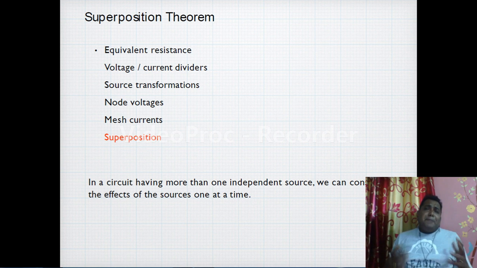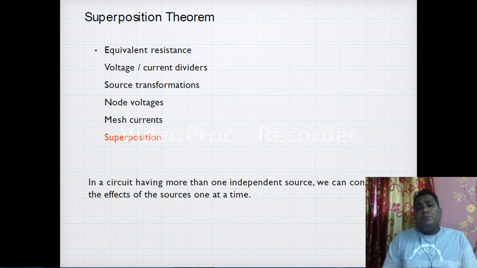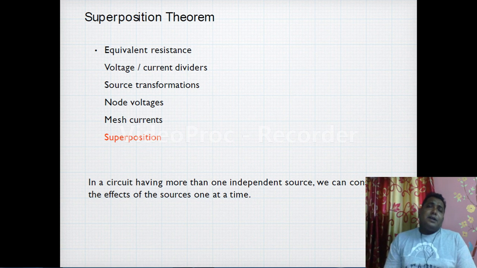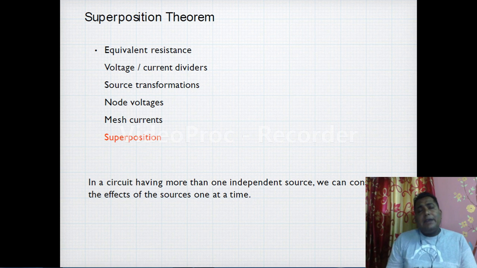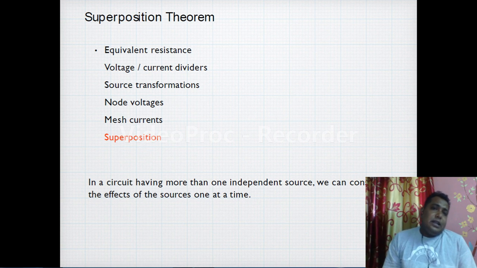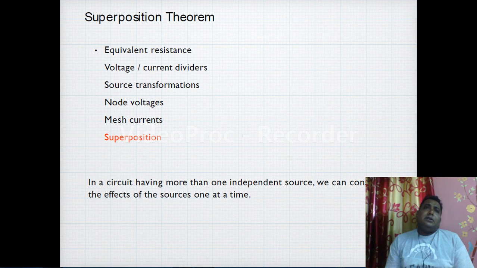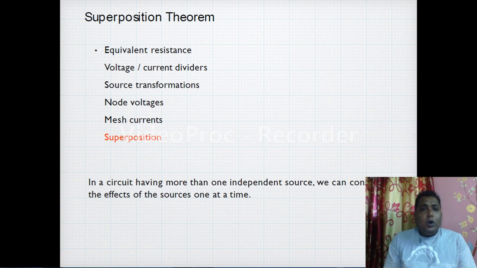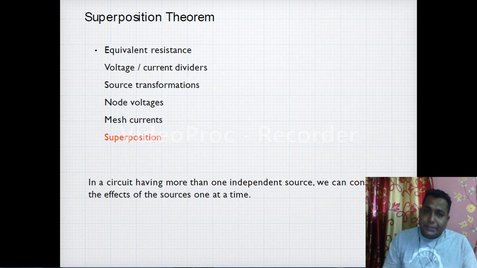Now, where do we actually use the superposition theorem? From the previous class, where we did the theory, we have seen that the superposition theorem is applicable where two or more than two sources are present.